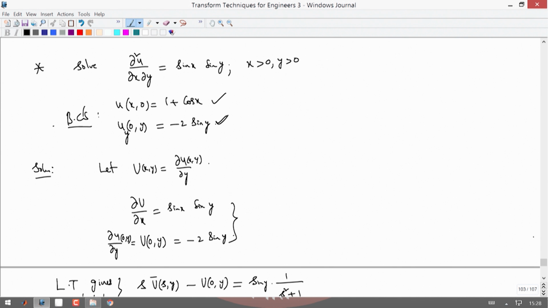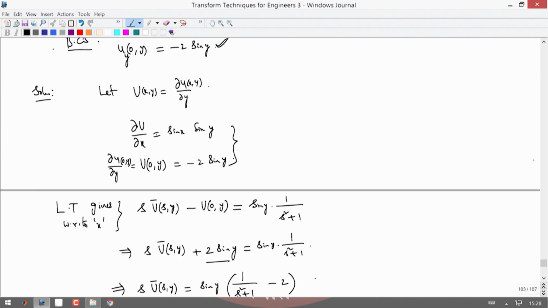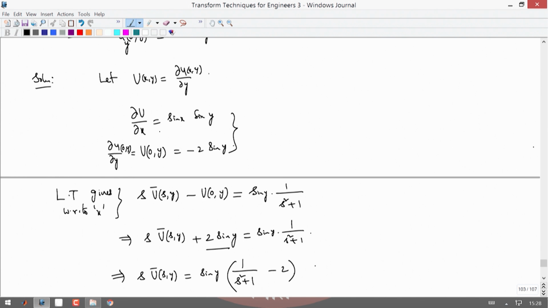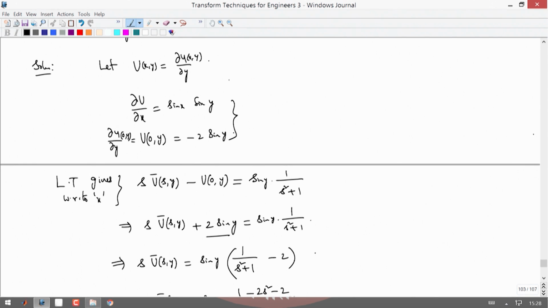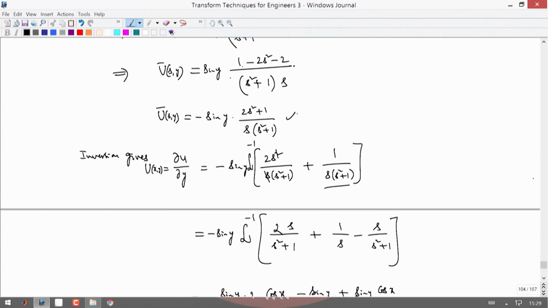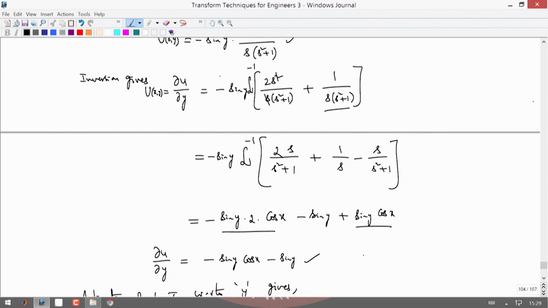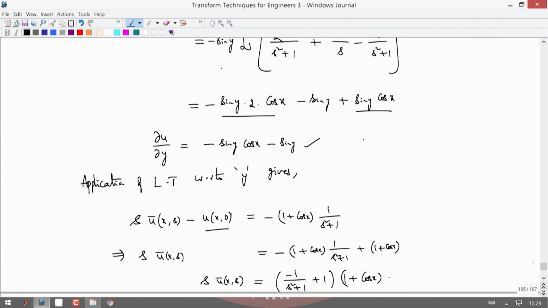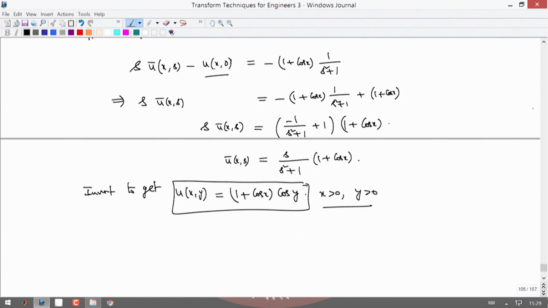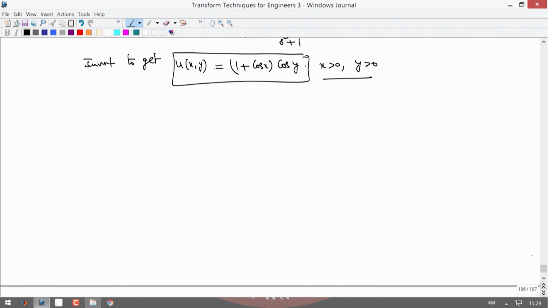So, if boundary conditions are given like this, you can use this substitution technique. You call this a new unknown, and solve this first order PDE with one condition, and once you solve this, you will get another first order PDE. Now, using the other boundary condition, you can solve it by the Laplace transform technique, and finally get the actual solution of the boundary value problem.